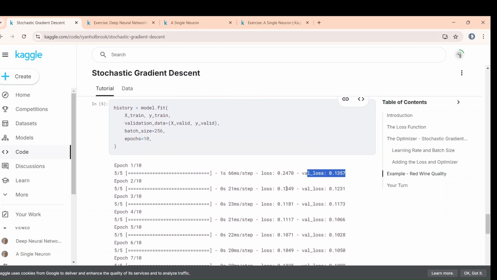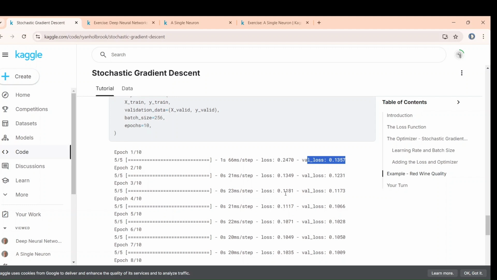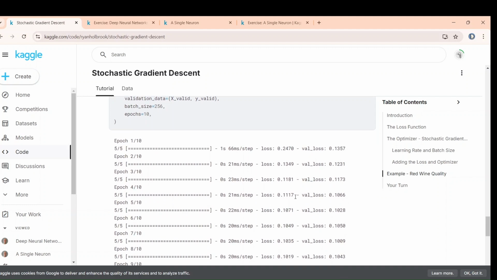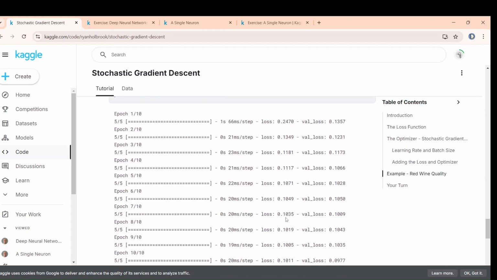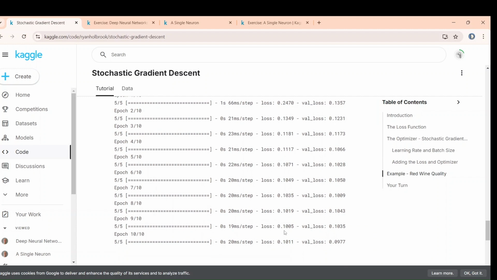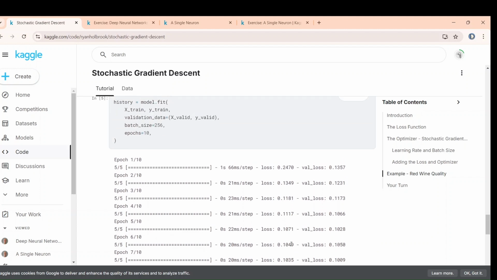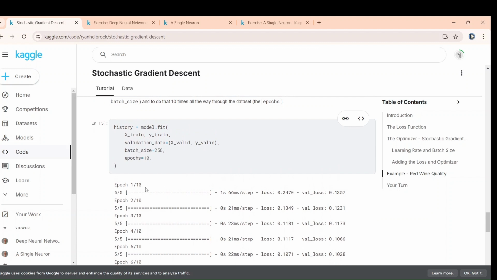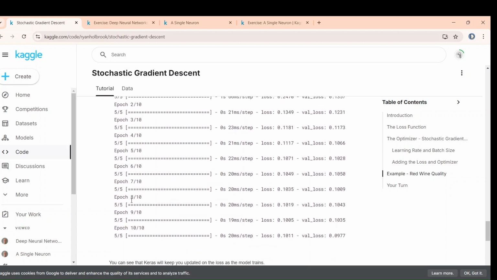See, 0.24, 0.13, 0.1181, 0.1117, 0.1010, then it has become 0.1005, 0.1011. It's almost the same. That means the model has reached its position. So now your loss is minimum, and you can see that your epochs have also been completed.